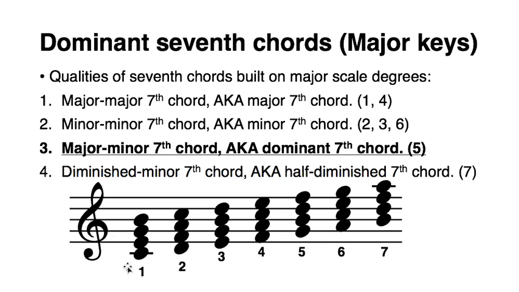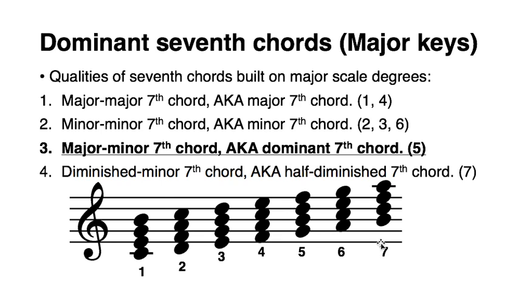B in this case, that has a very strong pull to 1, to C. And also there's this F, which is just a semitone above E, the third of that tonic chord, or that tonic triad. So there's this sort of double leading tone, quote-unquote, relationship of a dominant seventh chord that makes it really special.